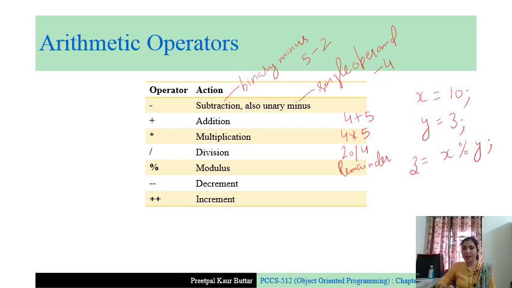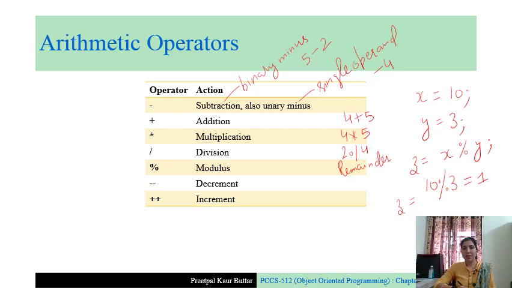Z will give us the remainder after dividing 10 by 3. After dividing 10 by 3, we have a remainder of 1. So z is equal to 1. This is another special operator in the class of arithmetic operators.